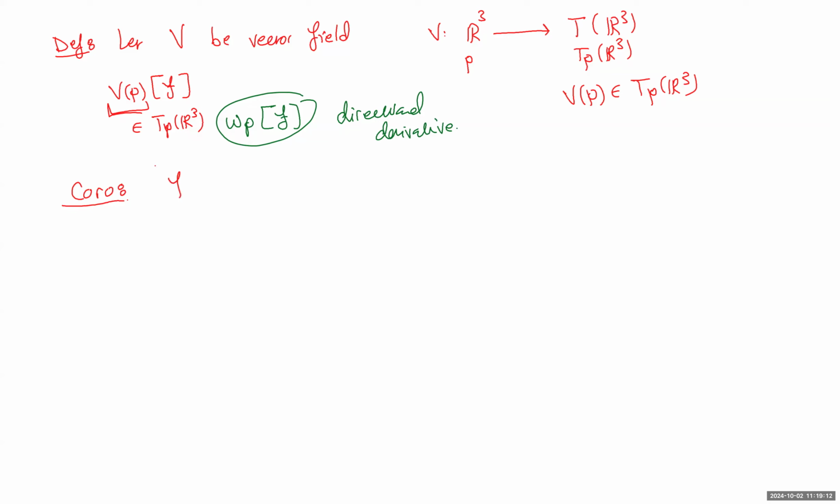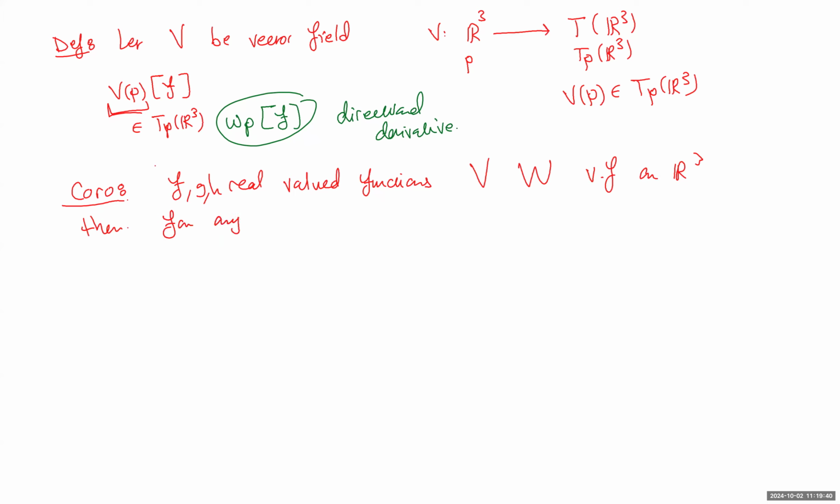Now we will have f, g real valued functions, h also, V, W vector fields. All of these are normal. Then, for any point, I will drop it, but for any point, f, v, g, w.